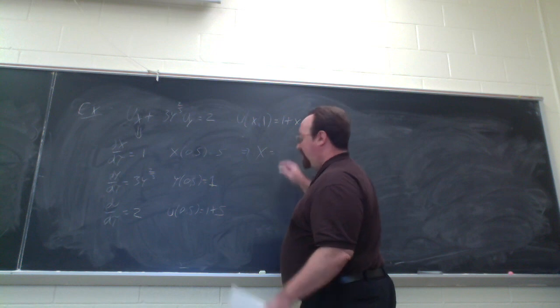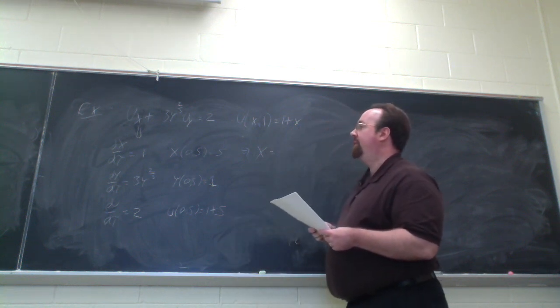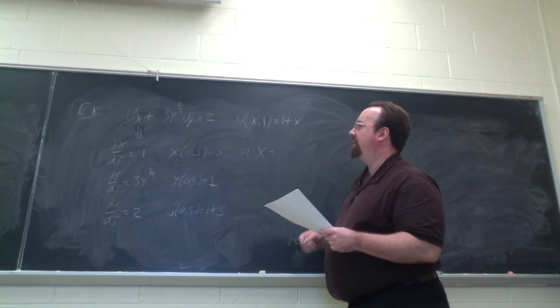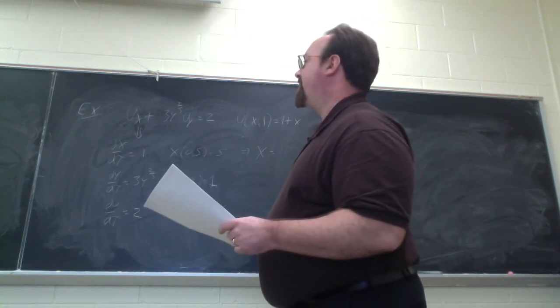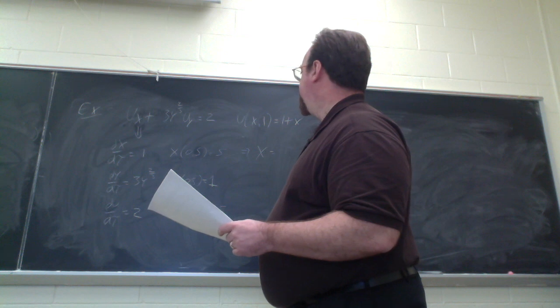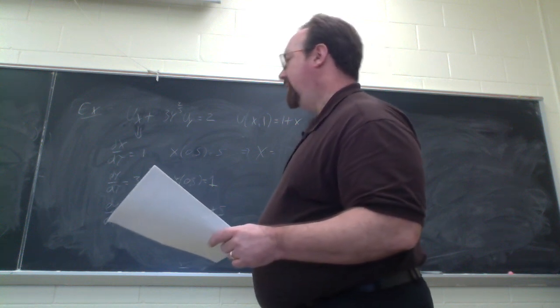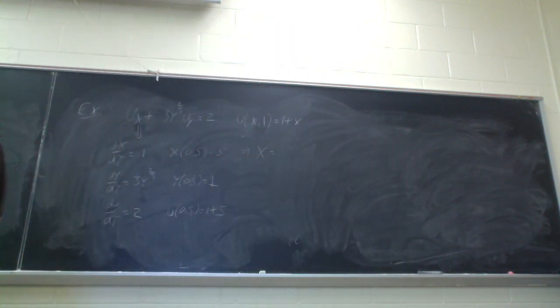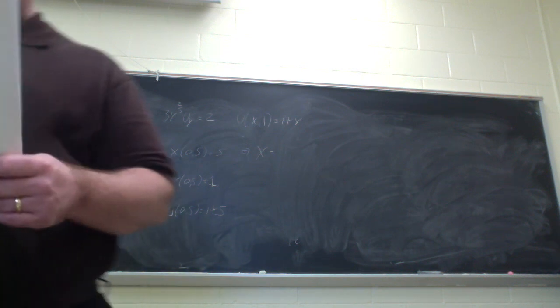Why did we switch from tau to s? Before we were doing x of 0, tau, and now x of 0, s. Oh, because I messed up over here. We were doing 0, s the whole time. Tau is not supposed to be in the initial conditions.